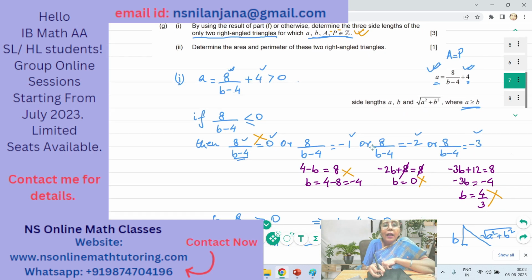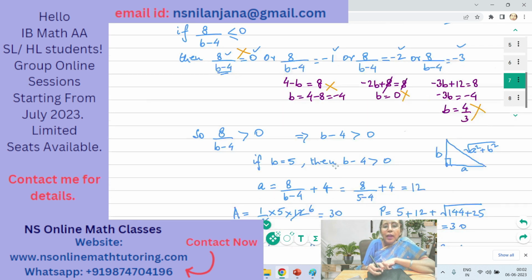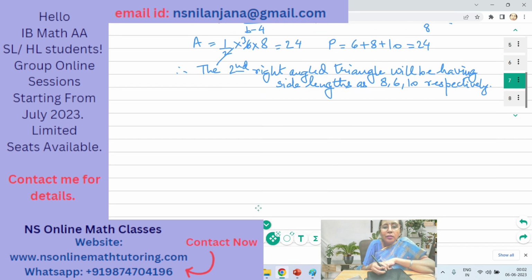And the question says it contains just 1 mark. Determine the area and the perimeter of these two right angle triangles. We have already calculated them in order to check whether they are integers or not.